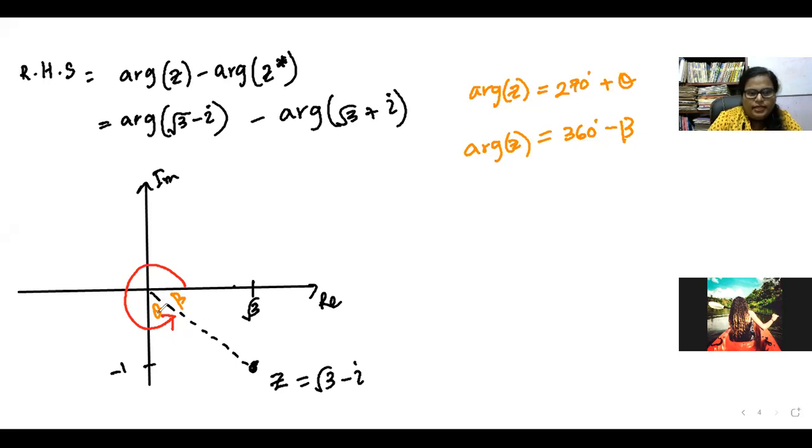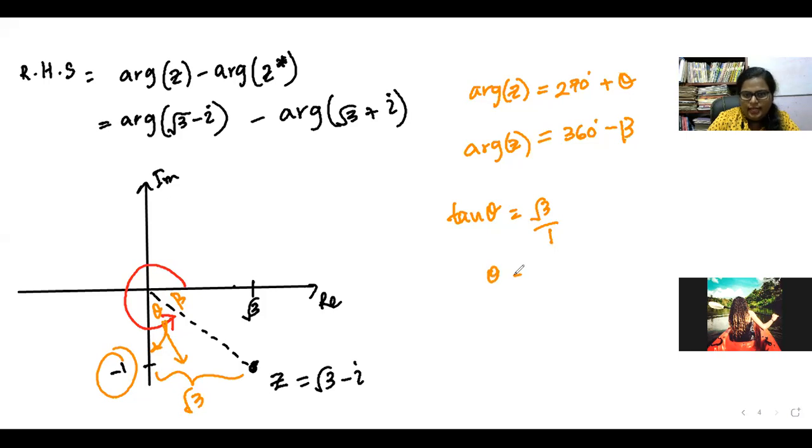So here you can see tan theta. I like to take this theta here. So tan theta equals the opposite side, whose length is square root 3, divided by the adjacent side, which is 1. Do not take minus 1. You know that this coordinate is minus 1, but we just take the length, which is 1.